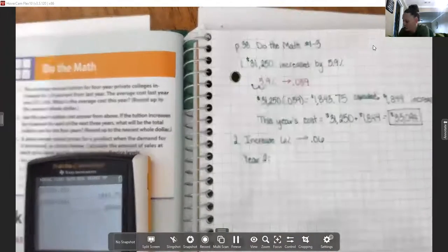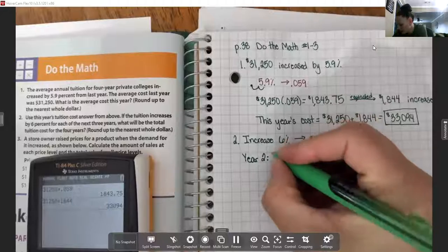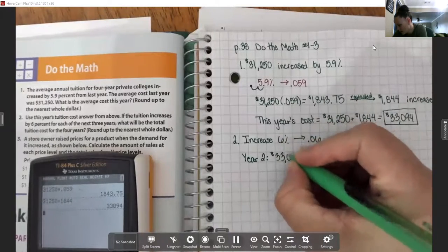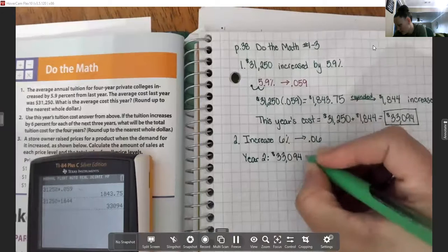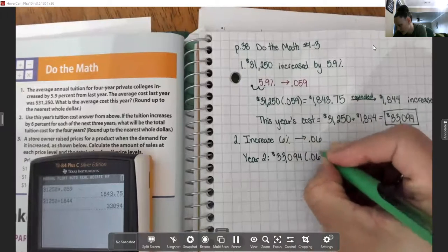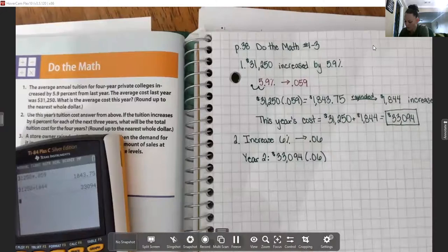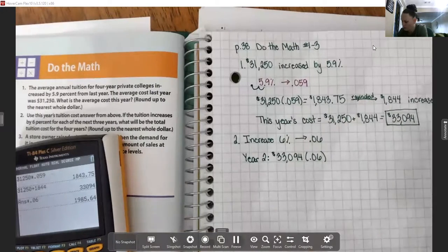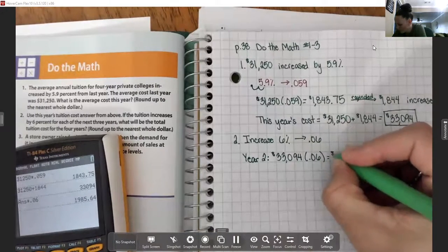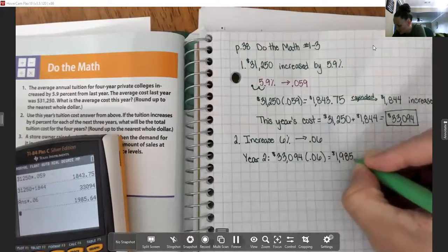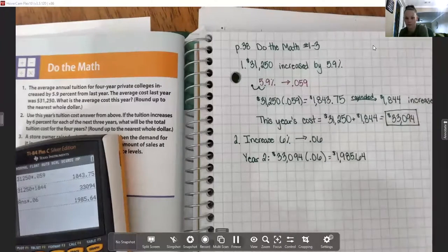All right, so year 2, we take how much it cost from the previous year, $33,094, and we multiply it by the 0.06 because that's how much it's increasing. So $1,985.64.